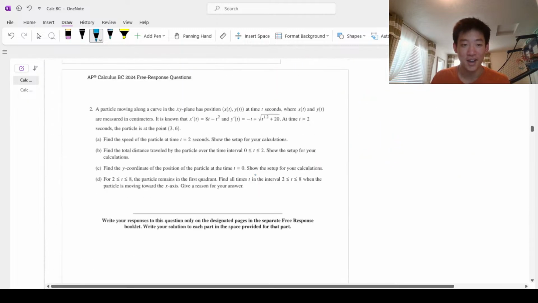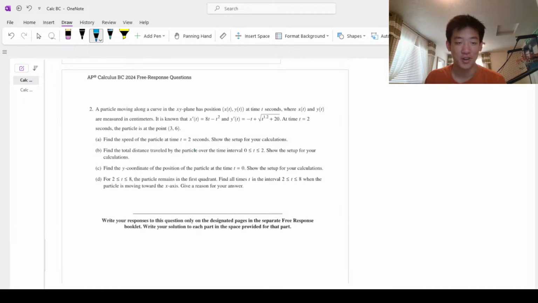Finally. Okay, so for number 2, we have a particle moving along a curve. It always goes to give you a particle because a particle has no size. So it has position x of t, y of t at time t seconds. My stream's back, right?